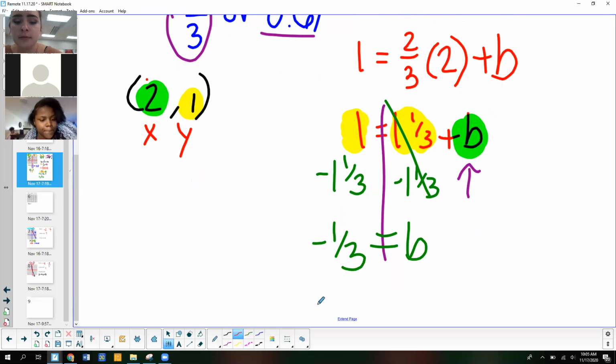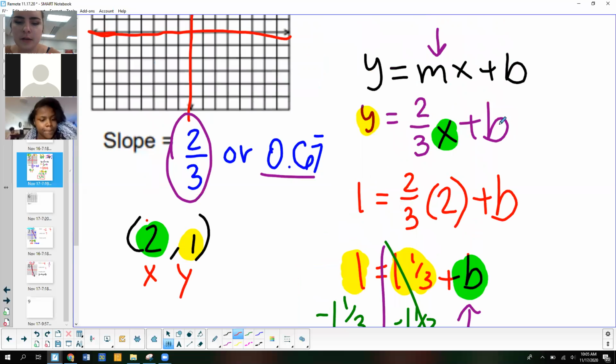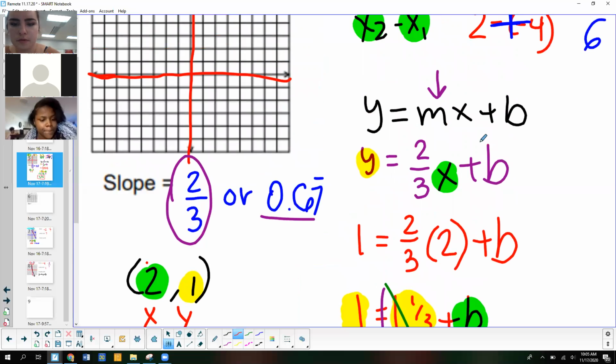Now I know this is a lot. We're going to take what we got for b and plug it in. I know it's kind of chaotic over here. So we've got y equals mx plus b.